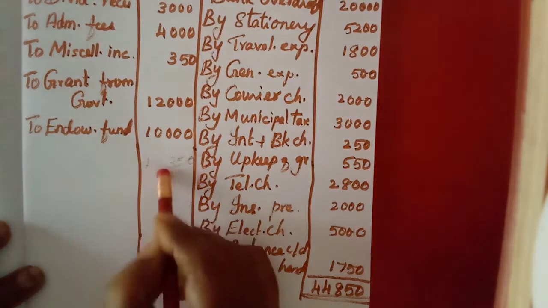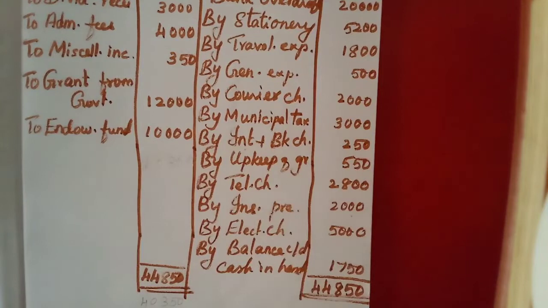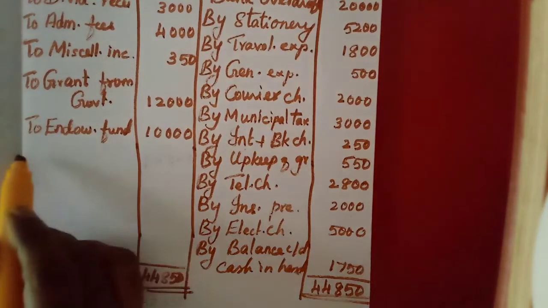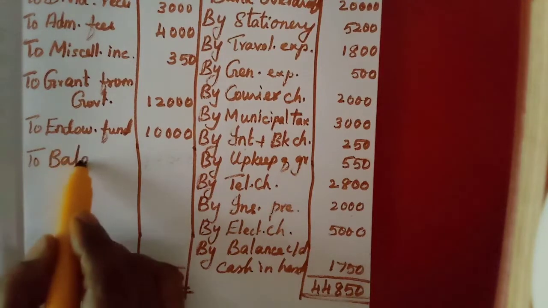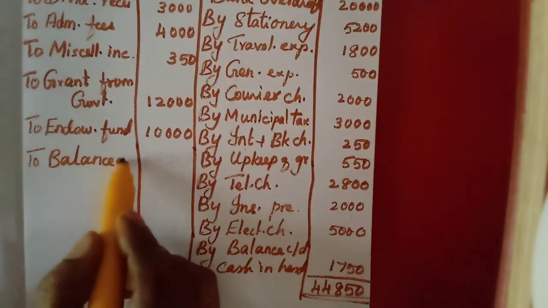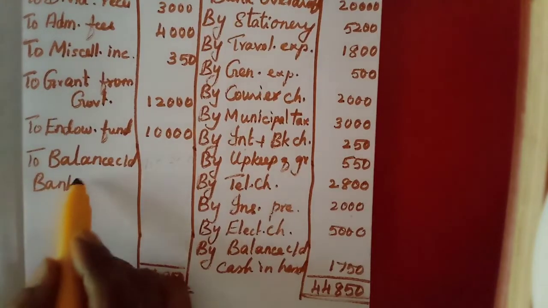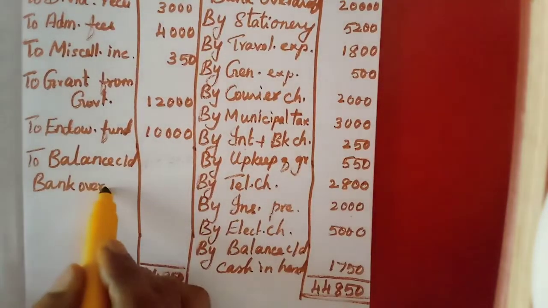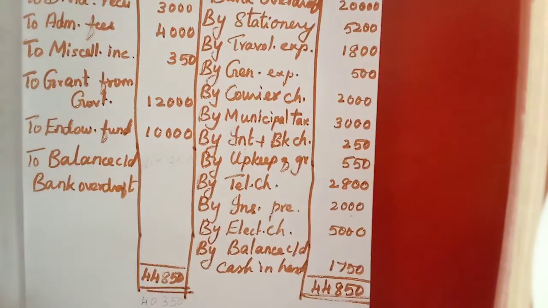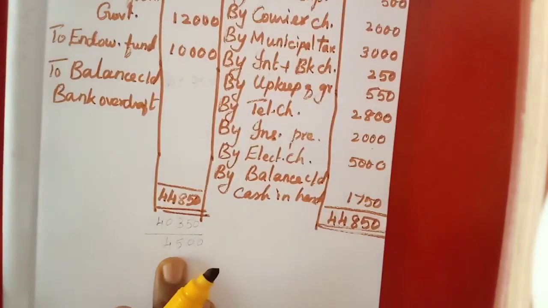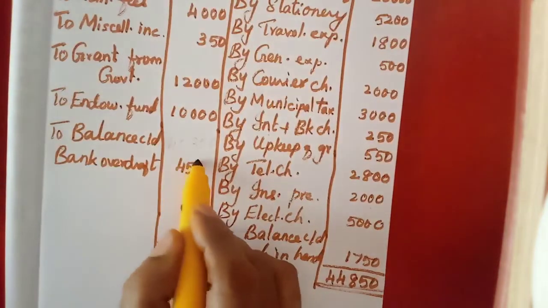Now you rub this one. Here we should write the balance. Balance carried down, bank overdraft. What is the amount? 4,500. Write that.